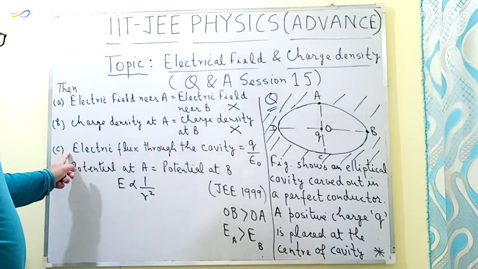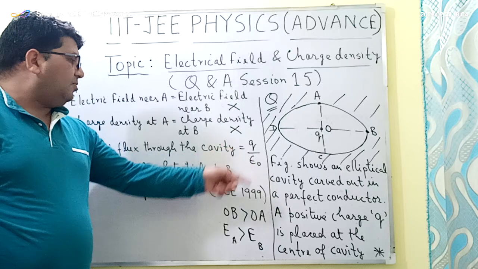Now the third option is the electric flux through the cavity is equal to Q upon epsilon naught.